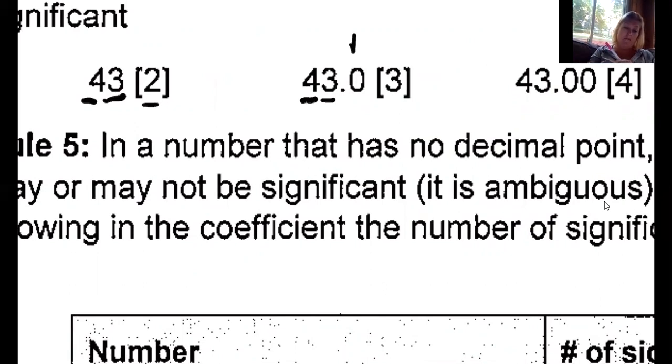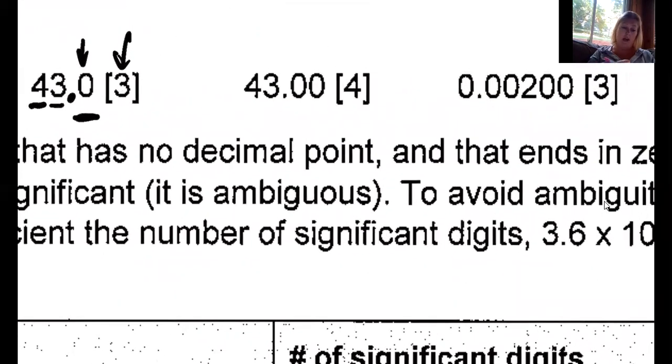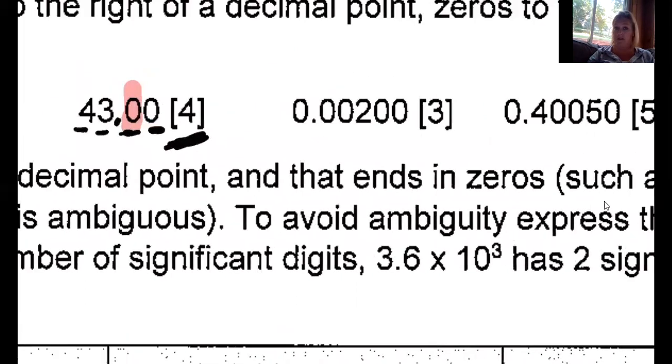What about this guy? Our rule is when there's a decimal and it's the last digit, it is also significant. So this one has 3 significant digits. Here we go again. The 4 and the 3 are significant. This is the last digit, and there's a decimal place, so that last 0 is significant. Then this one is sandwiched between the 3 and the 4, so that's significant. So you have a total of 4 significant figures.